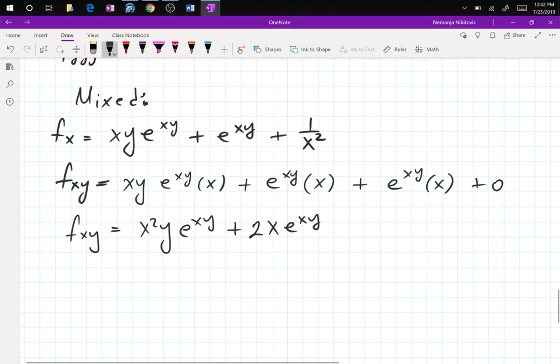Now you're going to set your first partial derivatives equal to 0, and you will use the second derivatives, including xx, yy, and xy, in a formula to do the second derivative test to figure out whether your point is a min, max, or saddle. So this xy derivative is very important.